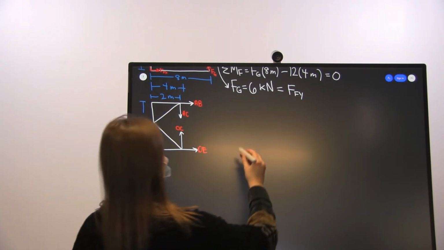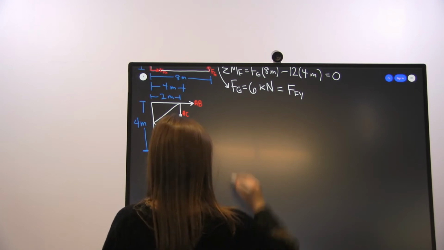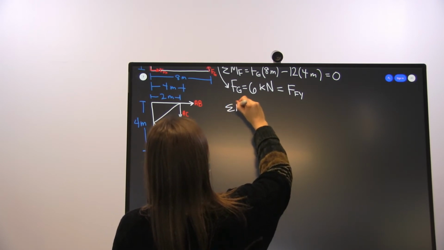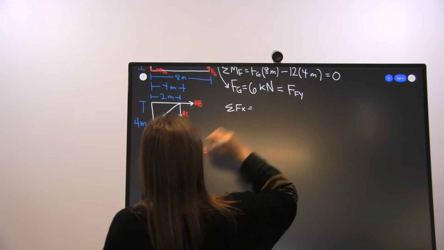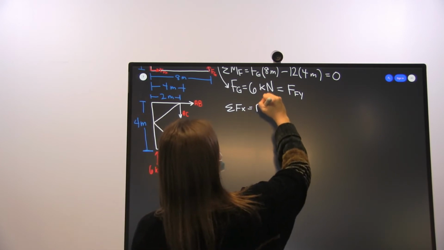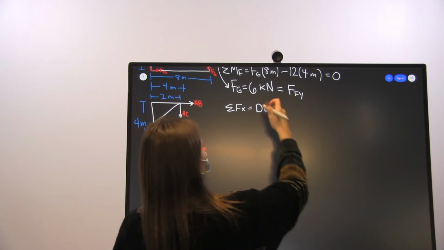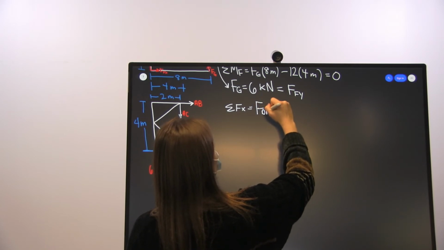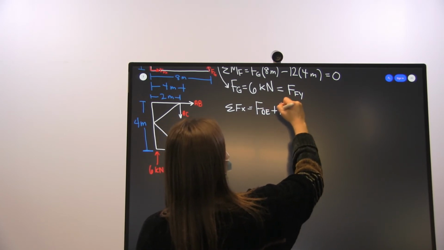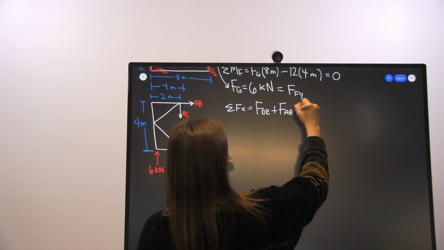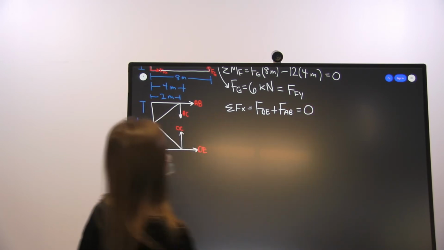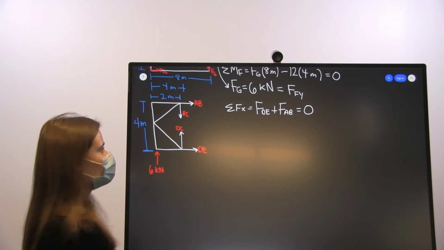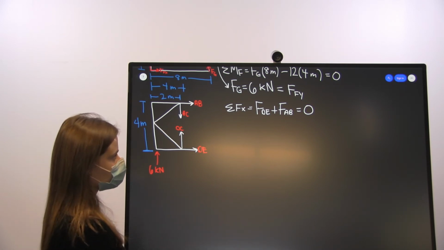And so we're going to take our net forces in the X direction, which are going to be force DE plus force AB, and that's going to be equal to 0, because those are the only forces acting in the X direction, and those are the forces we want and can't find.